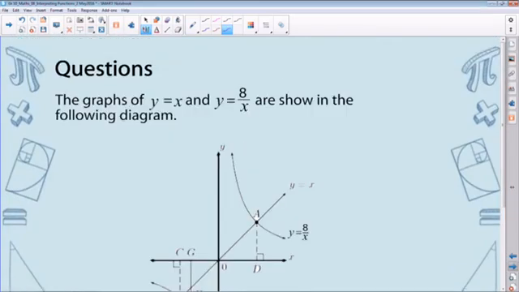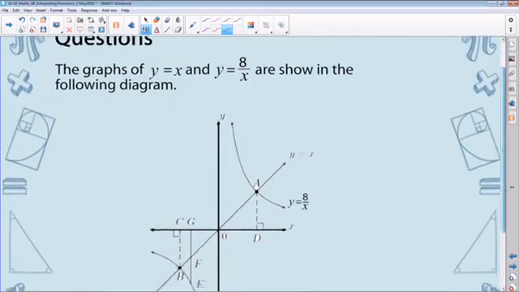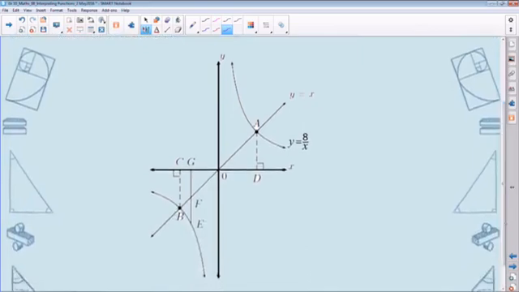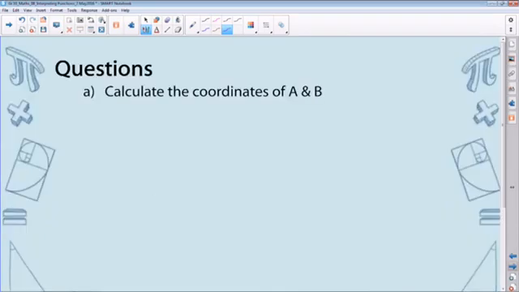Now here we have the diagram repeated. And the first question was to calculate the coordinates of A and B. And we've already said that those were the points of intersection. So those are points of intersection of the graphs y = x and y = 8/x.